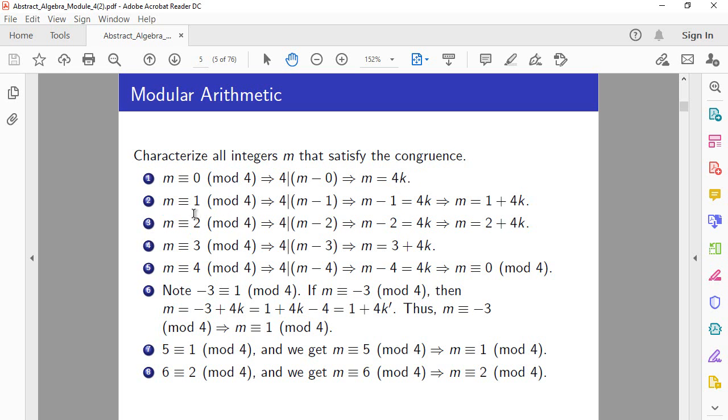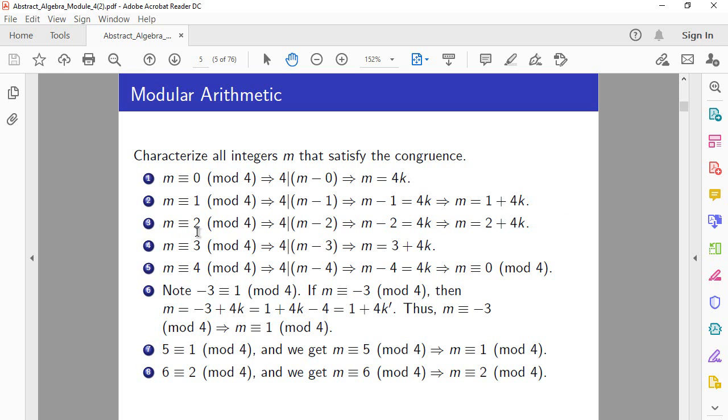Well, if m is congruent to 1 mod 4, then 4 divides m minus 1, which would mean that m minus 1 is a multiple of 4, which would imply that m is 1 plus a multiple of 4. So here k is an integer. So if m is congruent to 1 mod 4, then m is equal to 1 plus 4k.